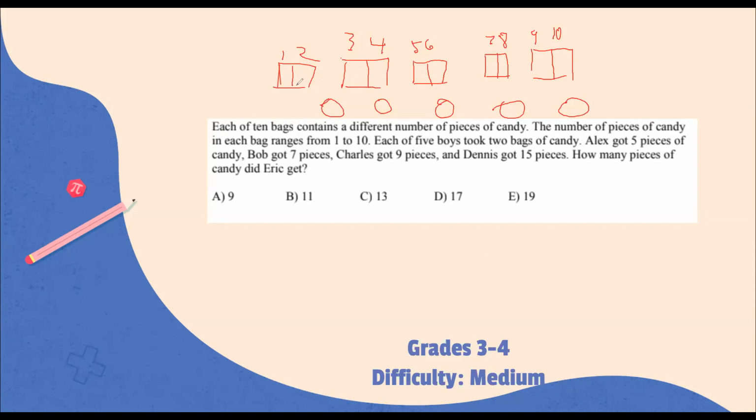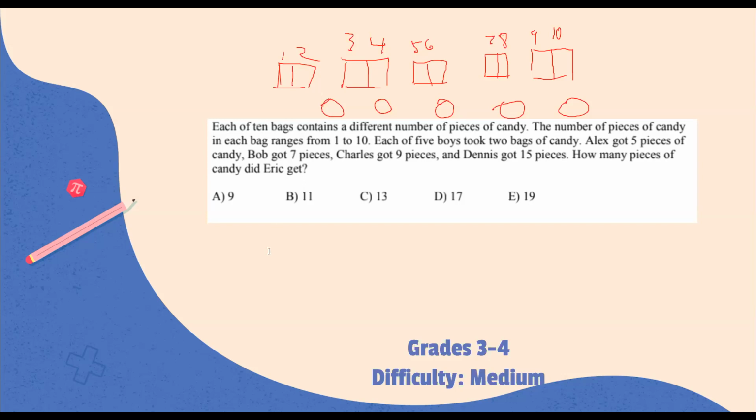And so how you want to solve this is first you want to actually figure out how much candy there is in total. Because it's kind of hard to predict which pieces of candy Alex got, how many pieces of candy Bob got, like specifically which bags they got, right? So you want to count the total amount of candy, which is 1 plus 2 plus... Alright, another person has gotten the answer.